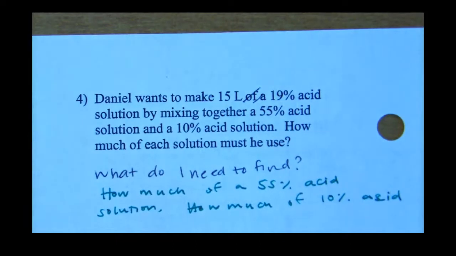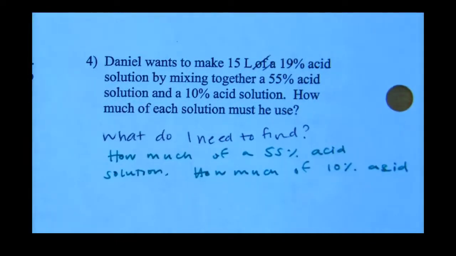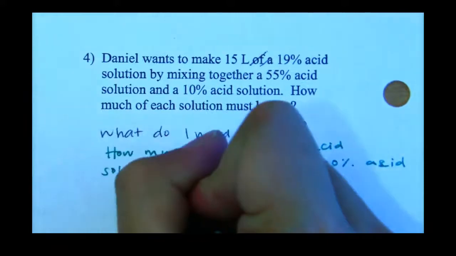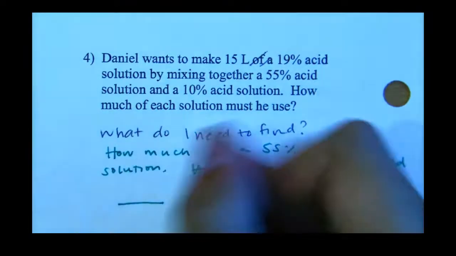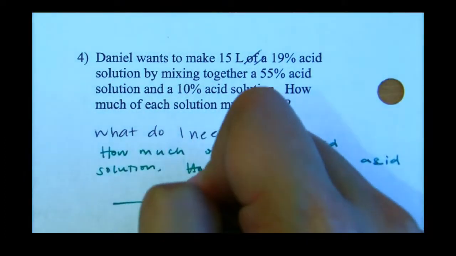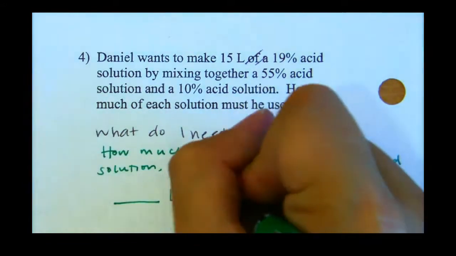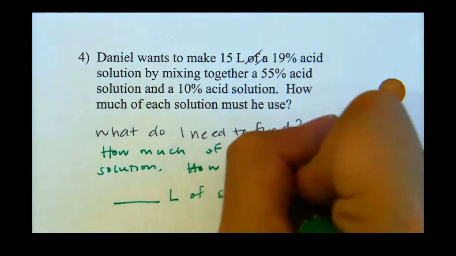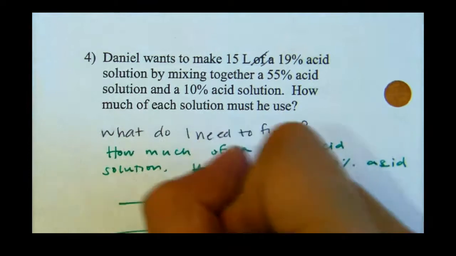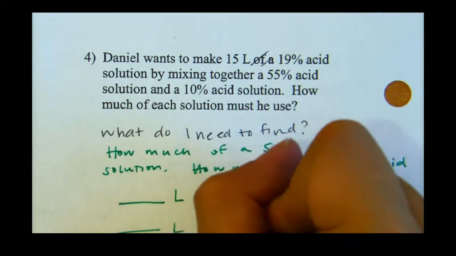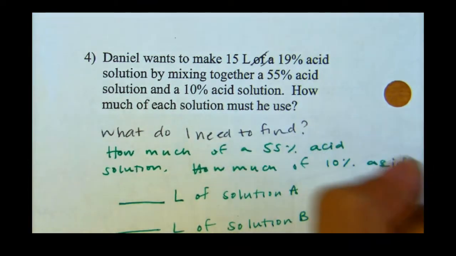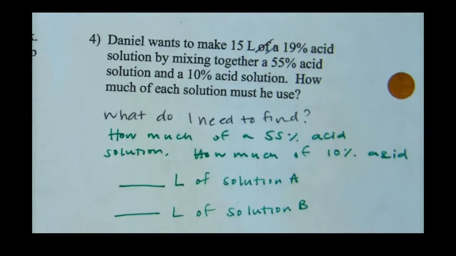So in the end, your answer should be two different numbers: some amount in liters of solution A and some amount in liters of solution B. That's what your answer should look like in the end.